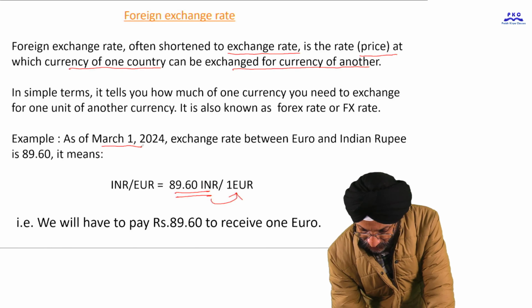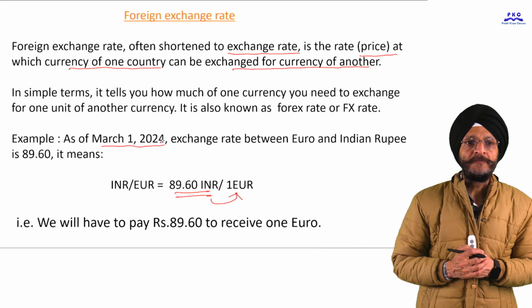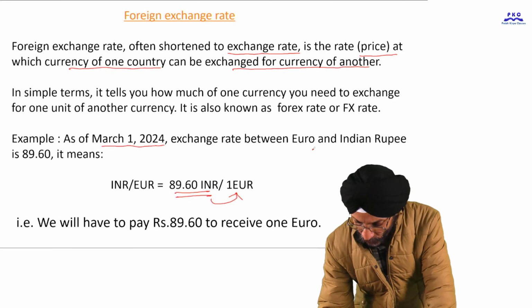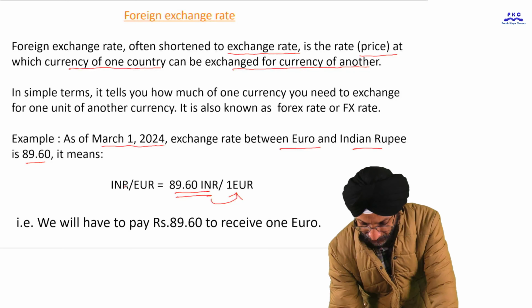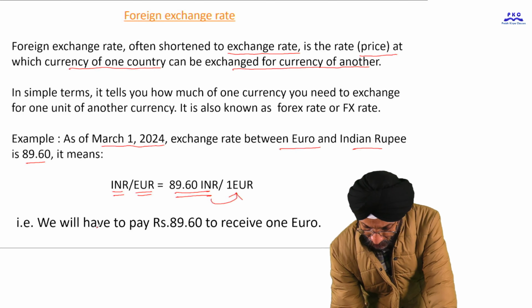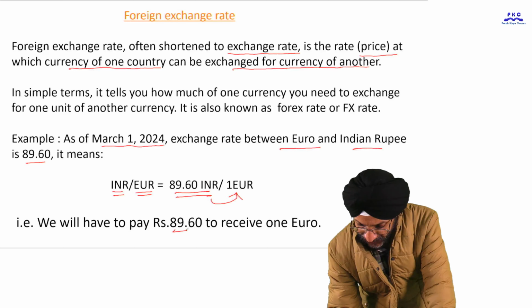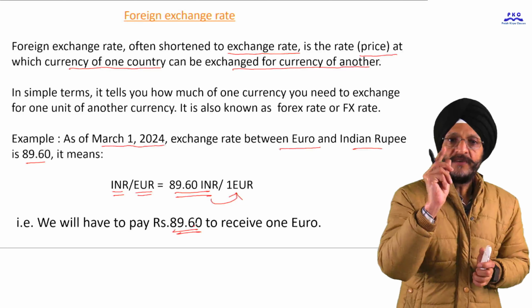As of March 1st, 2024, the exchange rate between the euro and the Indian rupee is 89.60. Here it is Indian rupee, here it is euro. So we will have to pay 89.60 Indian rupees to receive 1 euro.